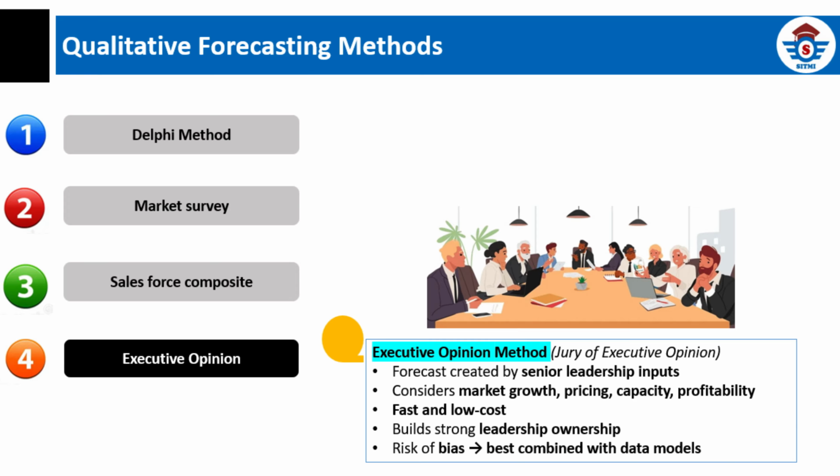For example, while planning demand for the next year's gaming laptop portfolio, executives may consider market growth, pricing strategy, capacity constraints, and profitability targets. This method is fast and low cost, and it creates strong ownership among leaders. However, it may suffer from bias or groupthink, so it is best used along with quantitative methods.